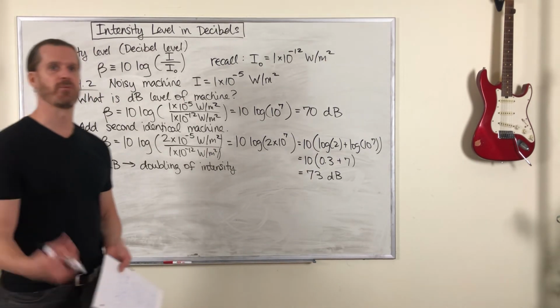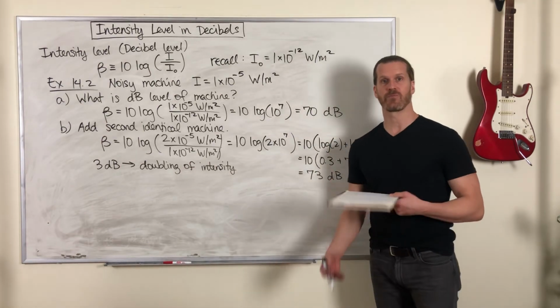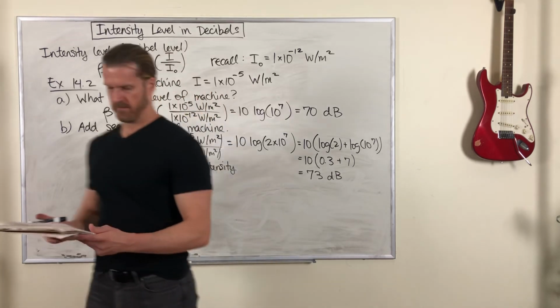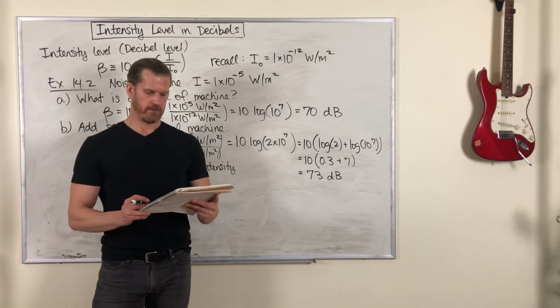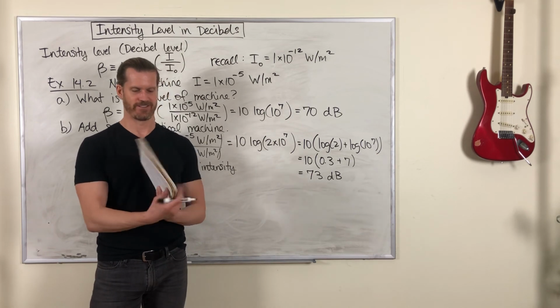Anytime you double the intensity of sound, your decibel level increases by 3 dB. All right, I think I'll leave part C for you to work on your own.